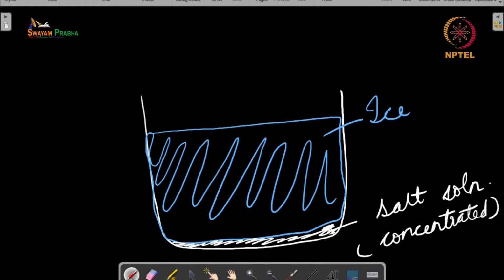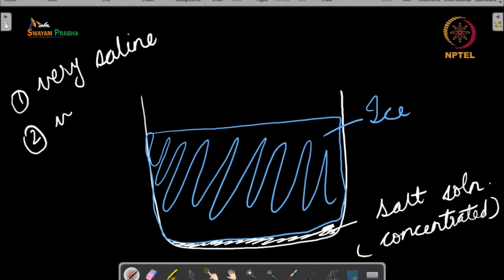Now this salt solution that remains, it has a number of properties. One, it is very saline. Two, it is also very cold, because it is resulting when the water is being frozen, and so the temperatures are also very low. Now if you have a water that is cold and that is full of salts, in that case that water will be very dense, because of two reasons.